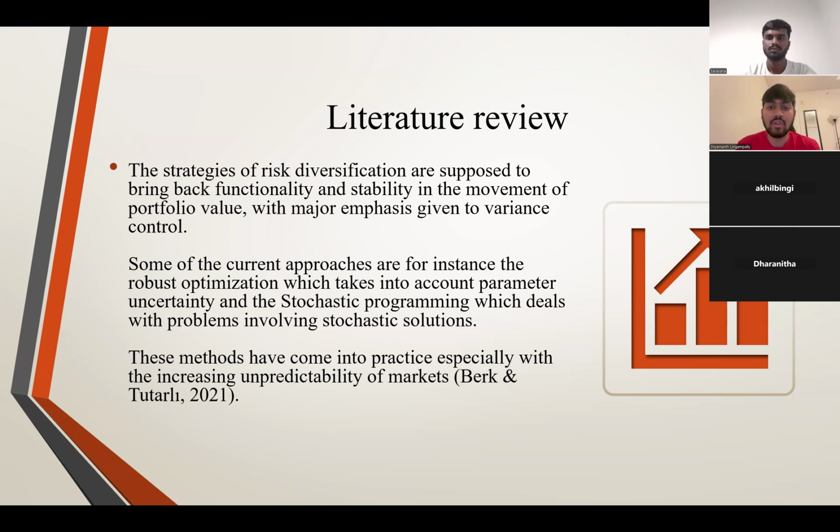Getting to the next one, this method deals with randomness, such as market unpredictability, by analyzing multiple possible scenarios to make informed decisions. Why are these important? These methods are increasingly relevant today due to unpredictable markets, as highlighted by Birge and Louveaux in 2021. They provided a framework for building resilient portfolios that can withstand market volatility and maintain functionality.